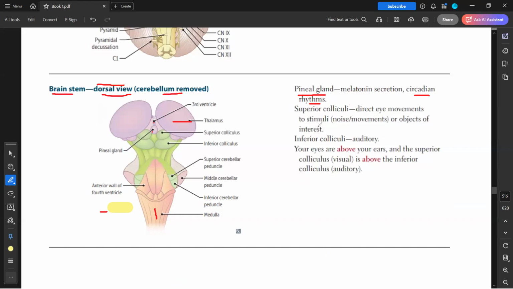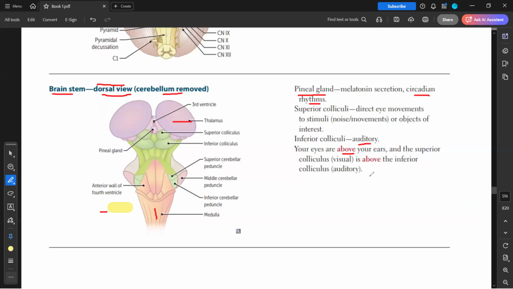Now, directing eye movement to stimuli, noise, movements, or objects of interest. It's all about this one. Okay, the inferior one is for auditory, and your eyes are above your ears, of course. The superior colliculus, which is visual, is above the inferior colliculus, which is auditory.